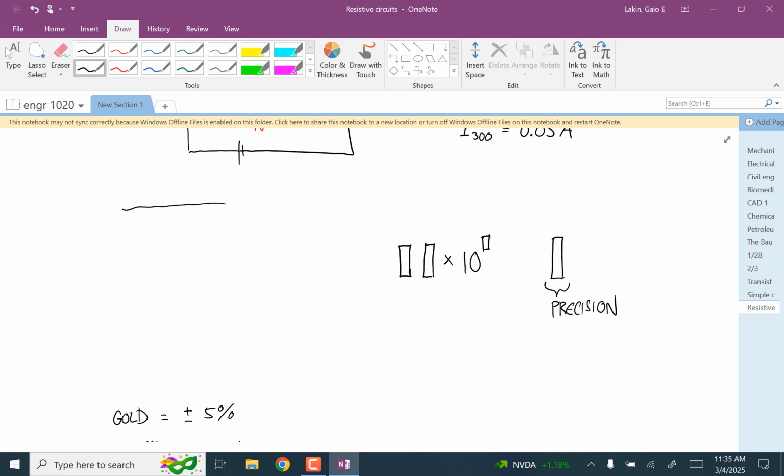So let's get out, everyone get out one of the resistors, so you have a set of resistors that says orange, orange, brown, and then gold is the precision. So the first two colors are orange and then brown.